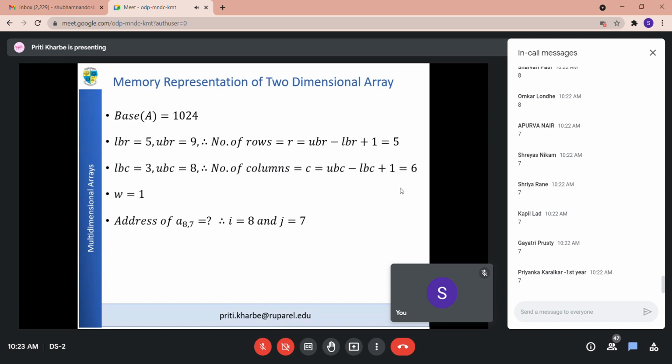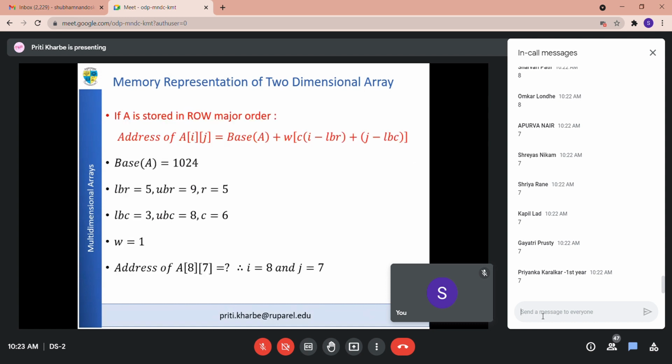Calculate. The formula is there on the screen. Anyone answer?